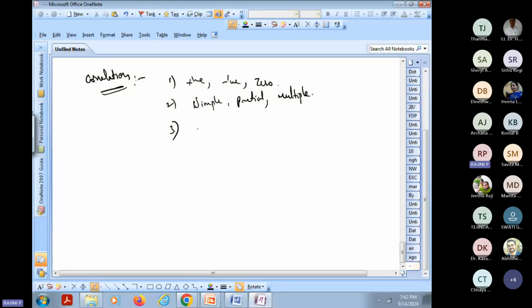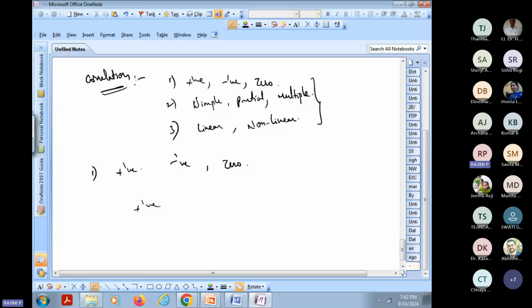The third one is linear correlation and non-linear correlation. So these are the three different types of correlations we are having. So what is the meaning of the first type, positive, negative, and zero? What is the meaning of all these correlations?